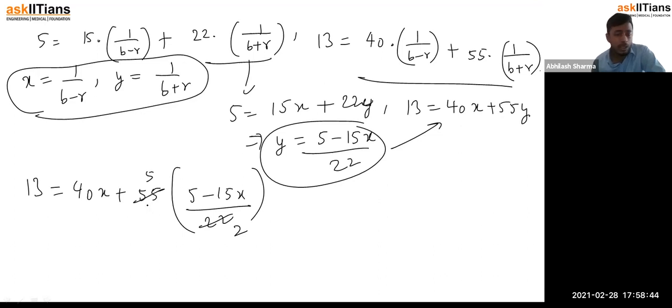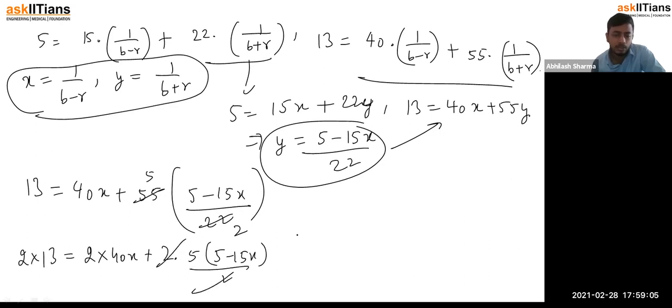Now what can I do? Let us multiply both sides of the equation by 2 to get rid of this 2, right? So if you multiply by 2, you will get 2 into 13 is equal to 2 into 40x plus 2 into 5 into (5 minus 15x) by 2. So this 2 and 2 get cancelled.